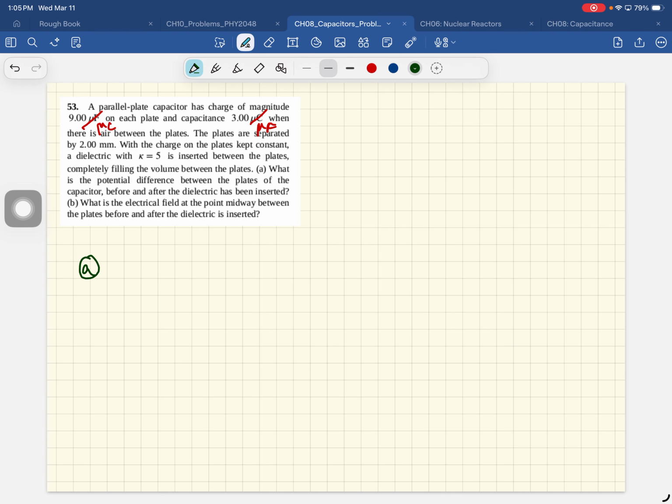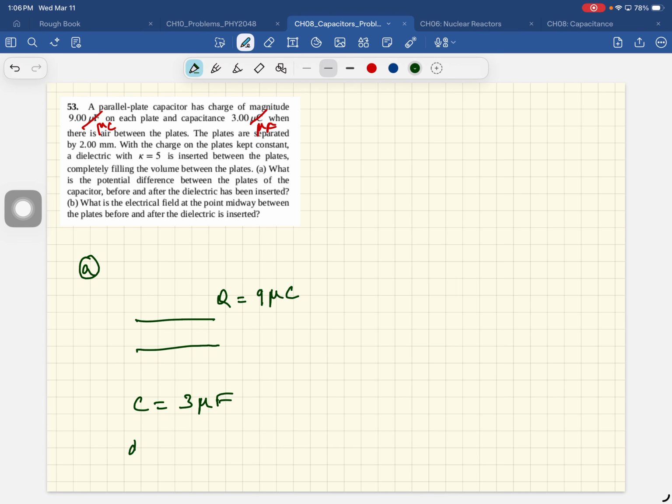So part A. Charge is 9 microcoulombs and a capacitance of C equal to 3 microfarads with air between.